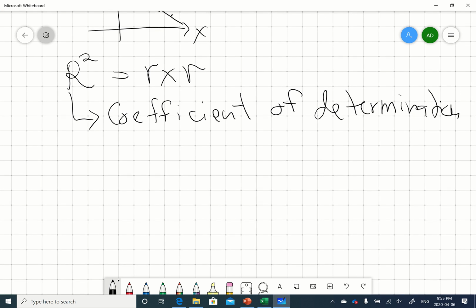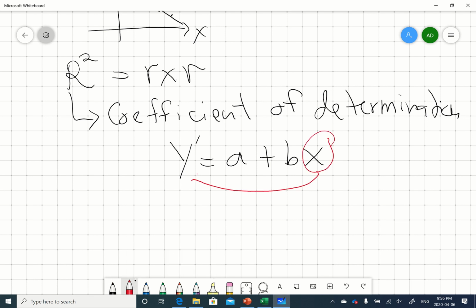I told you that linear regression is y equals a plus bx, y prime equals. So we are going to talk about the association of your x variable to y. When you change your x variable, what would happen to your y variable? Basically we think that the only factor which changes your y variable is your x variable.